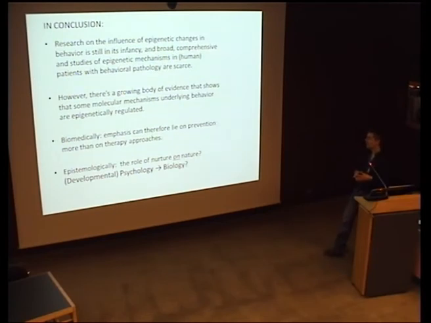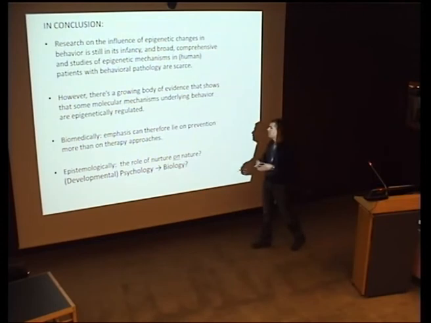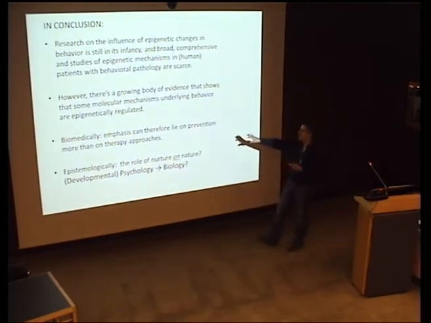In biomedical terms, it makes us put an emphasis on prevention more than on therapeutic approaches. And epistemologically, we can ask, is there a role of nurture on nature, an influence of nurture on nature? And what can developmental psychology say to biology?